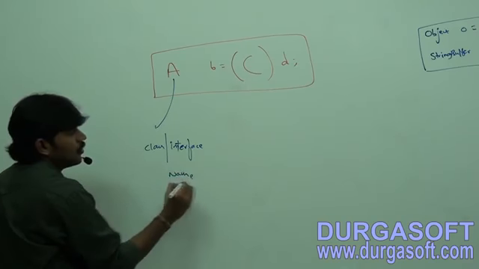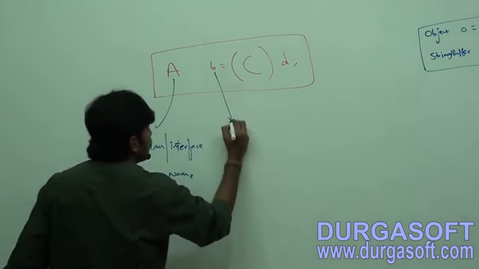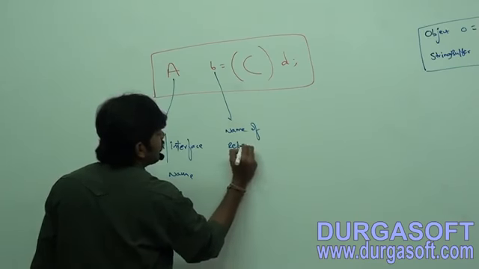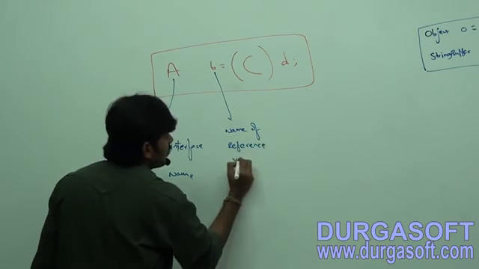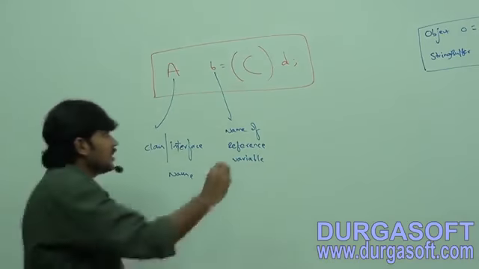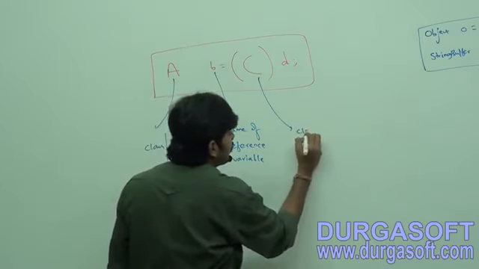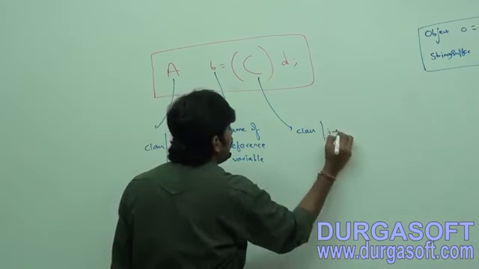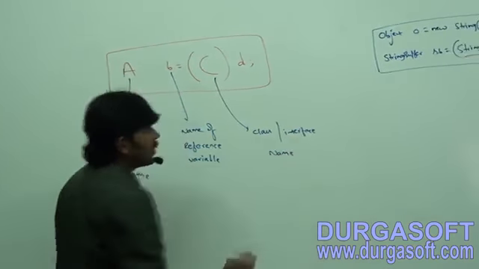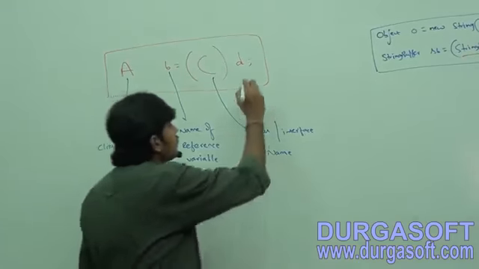B is the name of a reference variable. And what is this C? Once again, C is either a class name or an interface name. Next, what is this D?